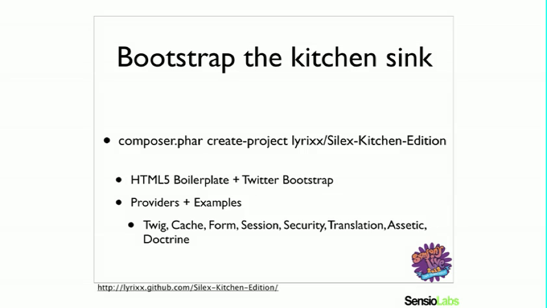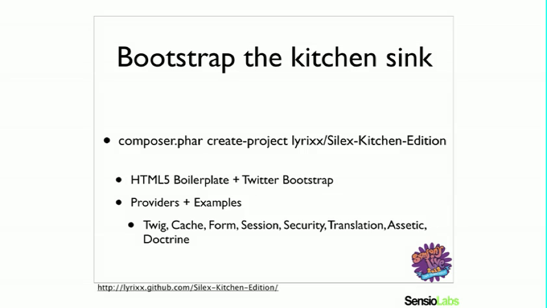It integrates Twitter Bootstrap for CSS and JavaScript and just the basic functionality that Bootstrap provides, as well as layouts. And then it adds support for translations, support for Doctrine, and support for Assetic. So even if you have a simple application, I recommend using the Kitchen Edition just because it makes it extremely easy to create an entire app, and you have all the boilerplate code done.